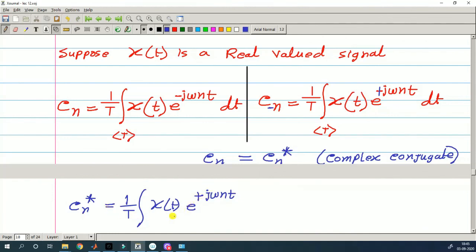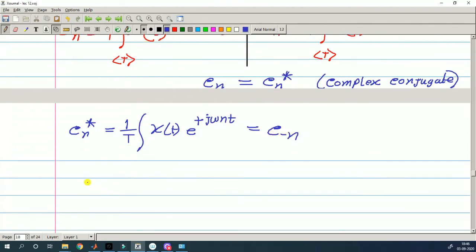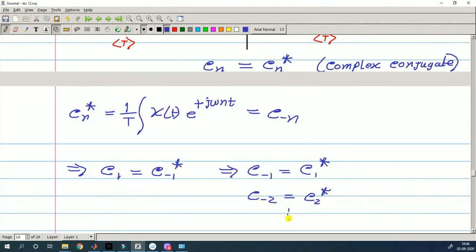And you see this is same as this, C minus n. So this means C1 is equal to C minus 1 star, which also means C minus 1 is C1 star. Then in the same way, C minus 2 is C2 star, and so on.